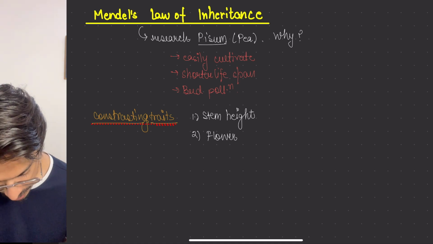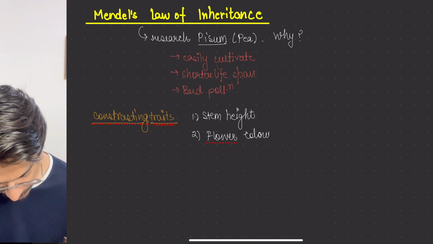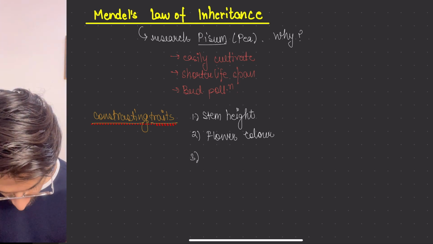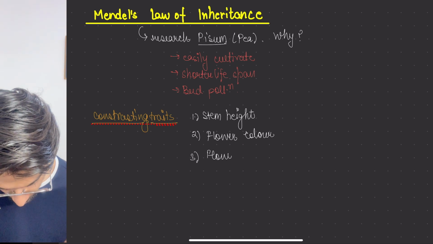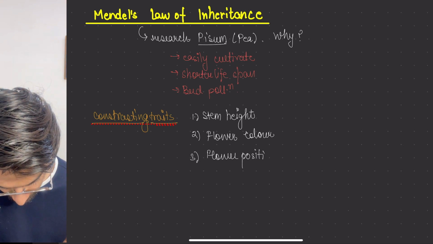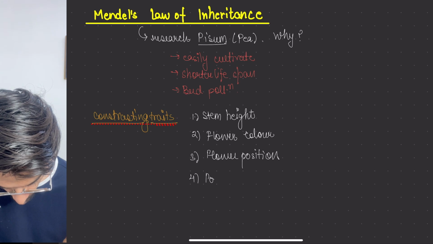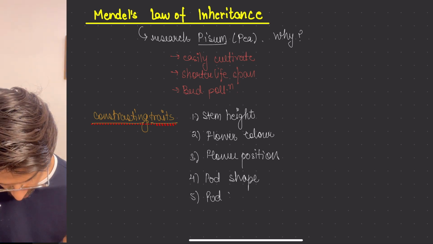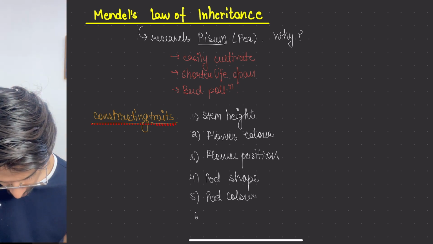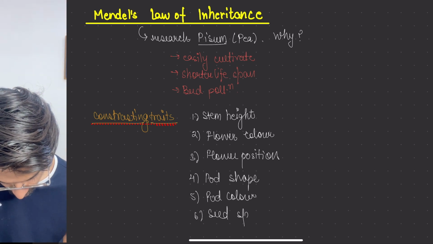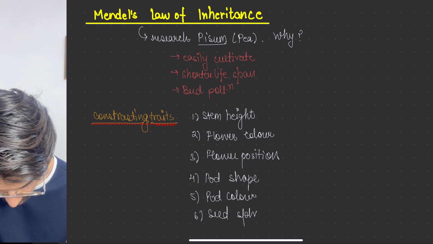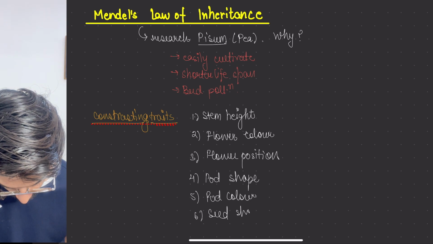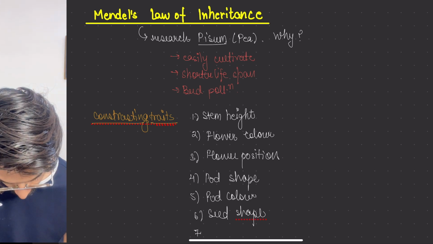First I'm writing all the characters, then we are going to write the contrasting dominant and recessive ones. Then flower position, pod shape, pod color, seed shape, and seed color.